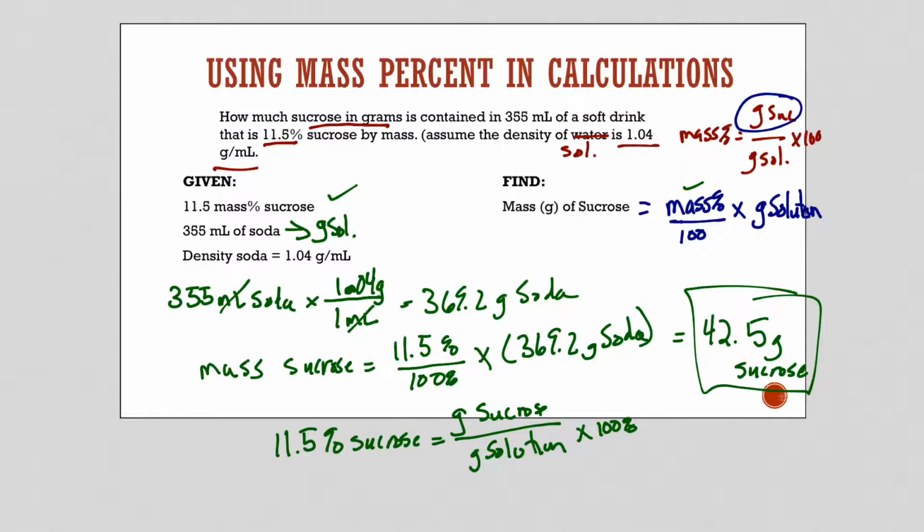And that's what we converted here to solve for the grams of sucrose. We divided by 100 and we multiplied by my grams of solution, and that's how we were able to solve. So that's mass percent.